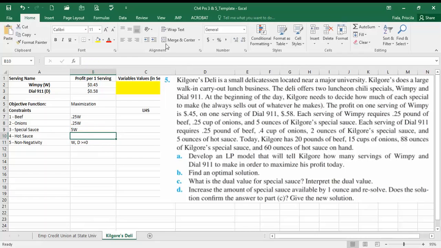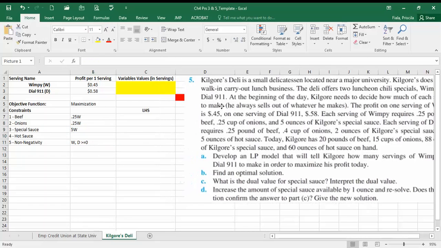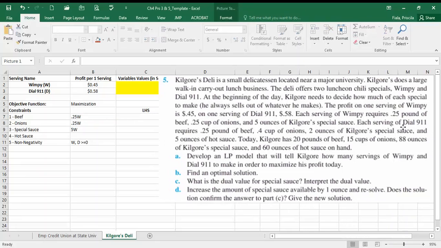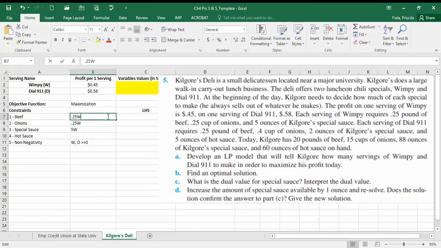So let's go now to the Dio 911. Each serving of Dio 911 requires 0.25 pound of beef. So here it requires 0.25 of Wimpy and 0.25 of Dio 911.